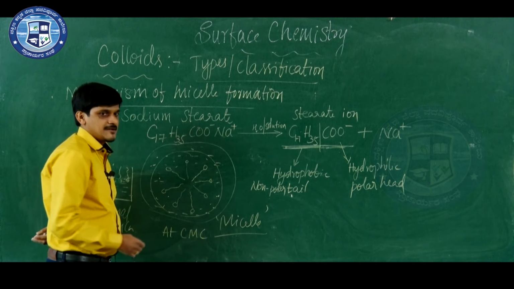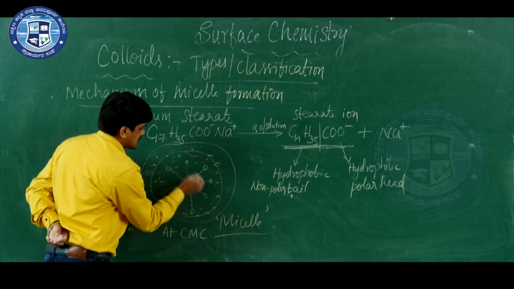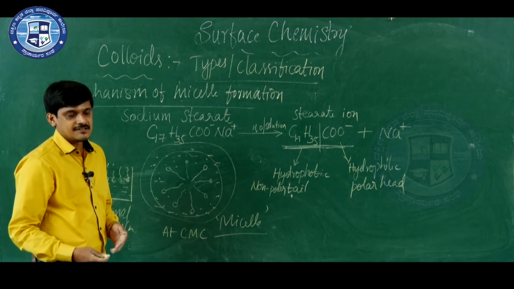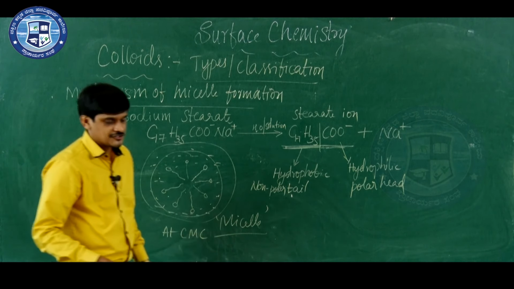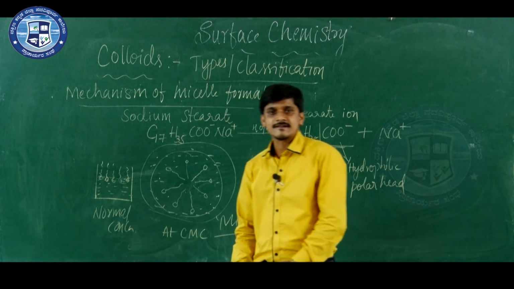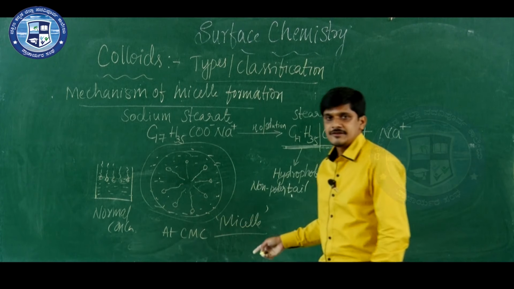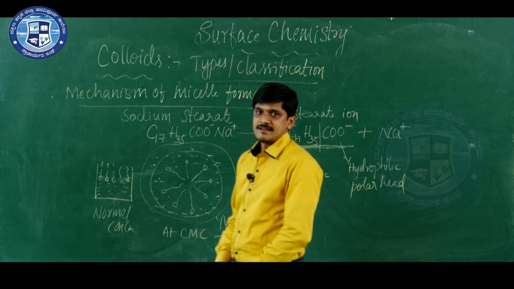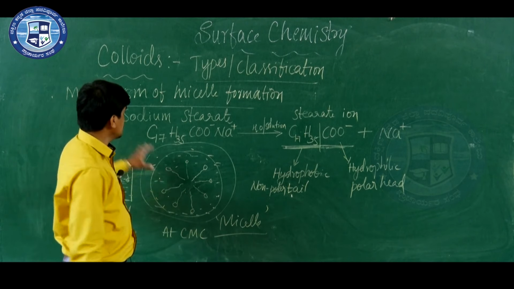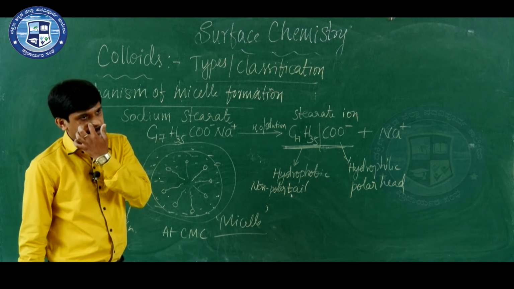In that spherical shape, the hydrocarbon chains are directed towards the center of the sphere, and the negative part is directed outwards. This aggregation of molecules is called a micelle. That is how micelle formation takes place. So that is the mechanism of micelle formation.